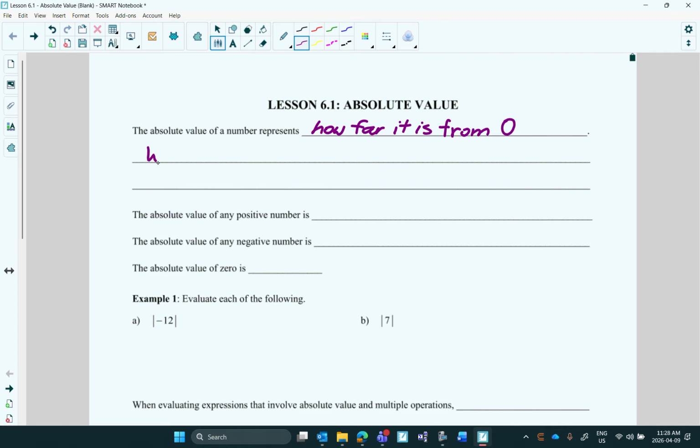And we use vertical bars to represent absolute value.